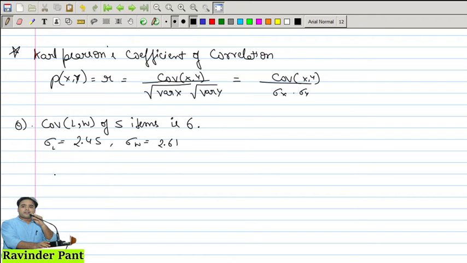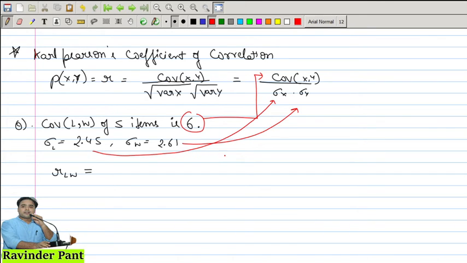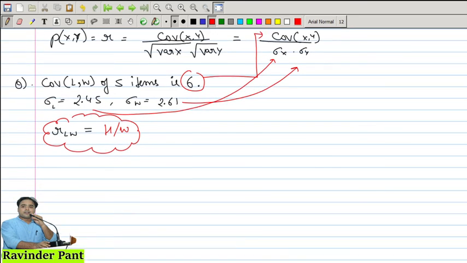Now you need to find out the correlation between length and width. Can you do it? You are simply going to put these values into the formula, and you will get your r value. This is also homework for you, and you let me know. You can also write in the comment box the values.